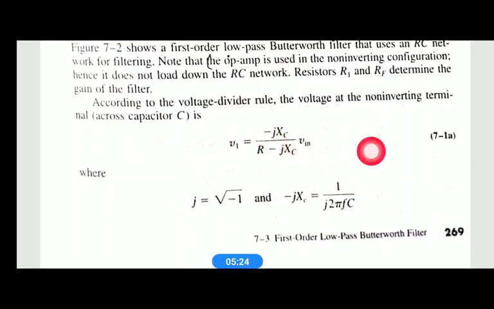Therefore V1 is equal to minus jXc divided by R minus jXc, into Vin.